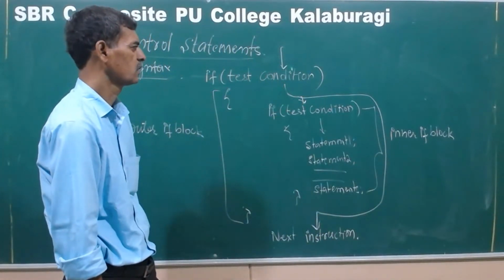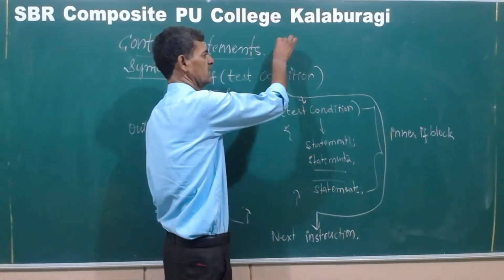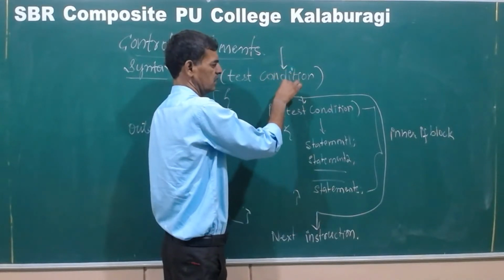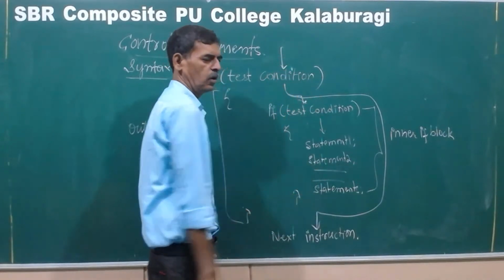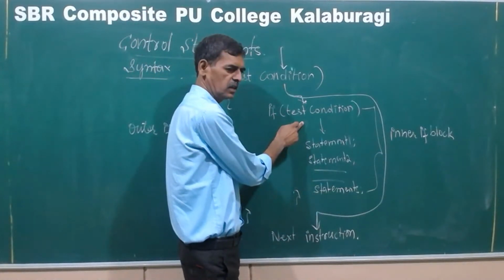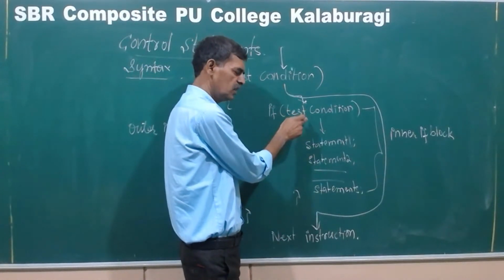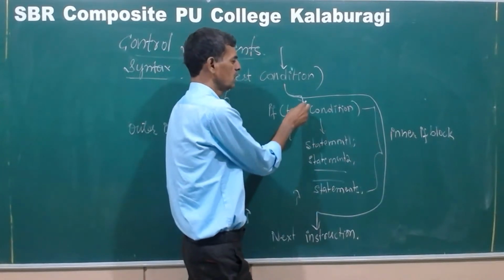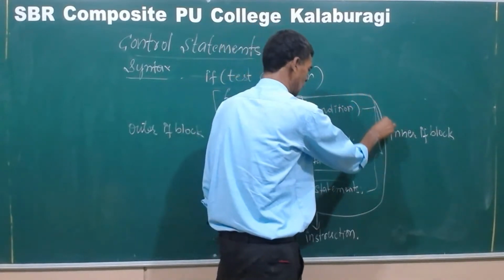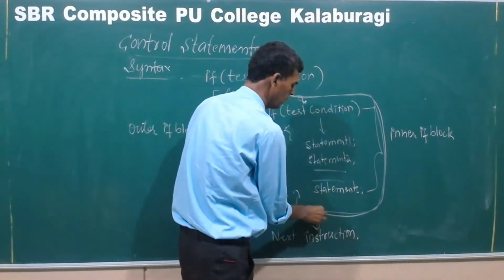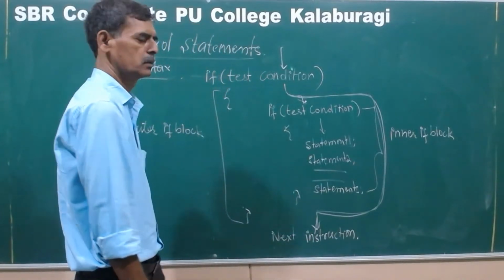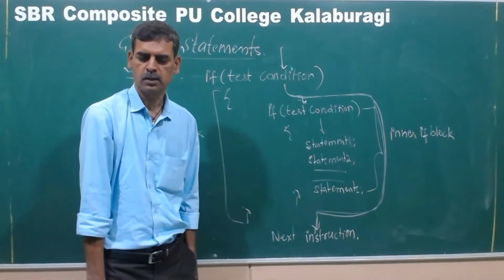Is it clear? If the test condition is true, it comes inside the if block. If the inner test condition is false, these statements are neglected. It goes out of the inner block and goes to the next instruction. Right? Clear? Okay.